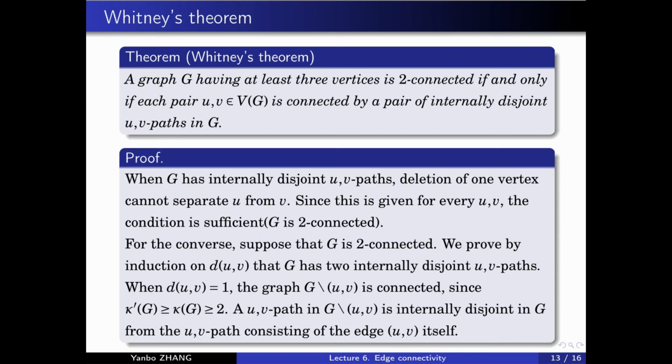The sufficiency is easy to explain. When G has 2 internally disjoint u-v paths, deletion of one vertex cannot separate u from v. Since this is given for every pair of vertices u, v, deleting any vertex cannot separate any 2 vertices.